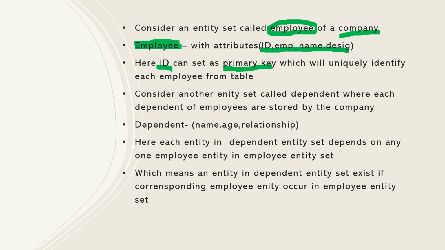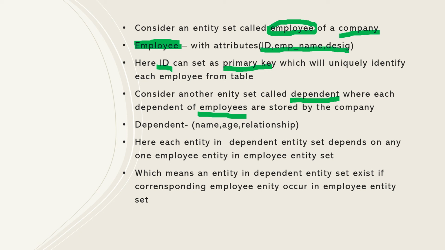For that purpose we can set another entity set called the dependent entity set, where we store all the dependents of each and every employee. The dependent can be the wife of the employee, children of the employee, father of the employee, or mother of the employee.